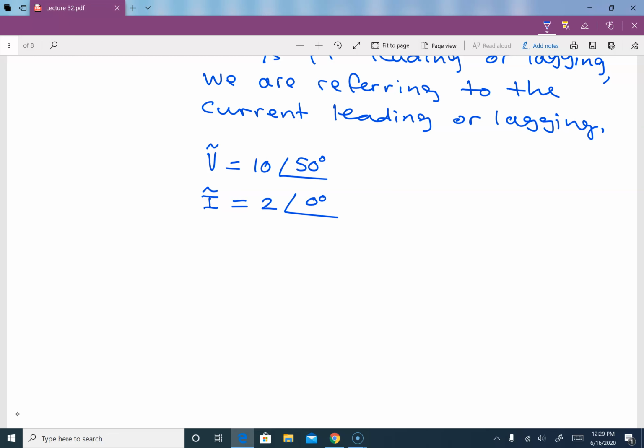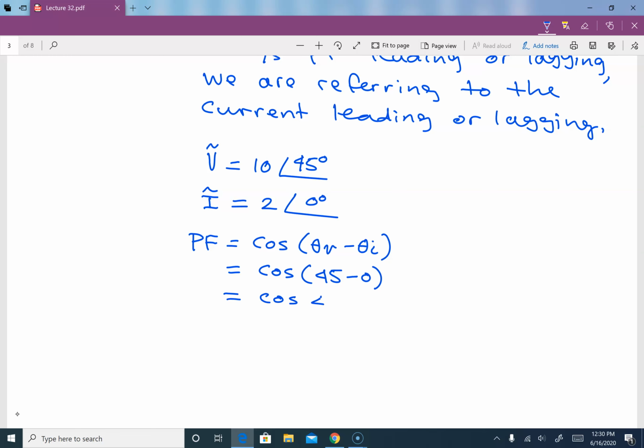If I change this to, let's say 45 degrees, so I will know the value of our cosine. Over here, our power factor is equal to cosine of theta V minus theta I, and that is cosine of 45 degrees minus 0, which is cosine of 45 degrees, and this is equal to 0.707.